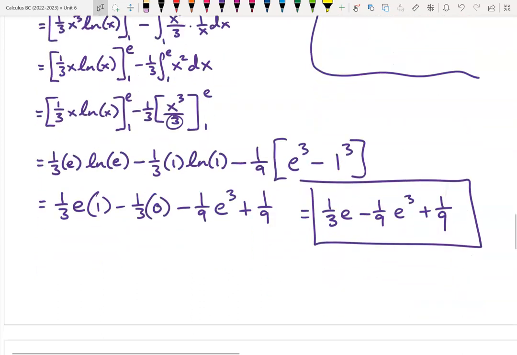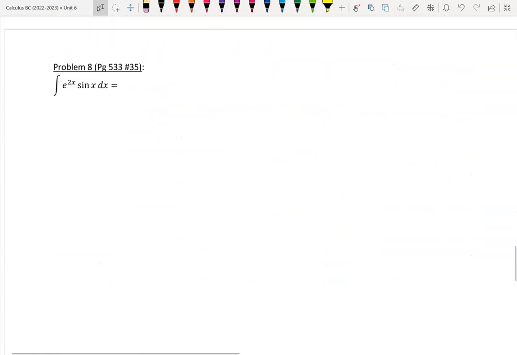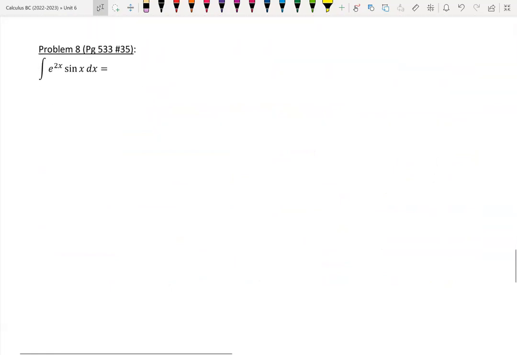Okay, so let's look at this one here. This one is number 35 from page 535 of the book, which will be very similar to number 37 on your homework. So if we follow LIATE, then we would want to choose exponential last.